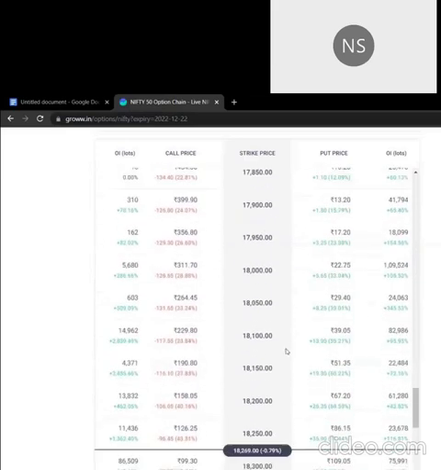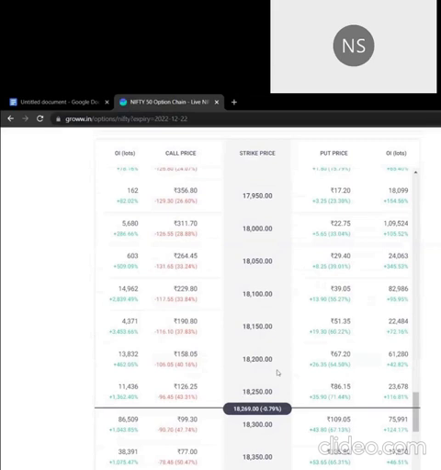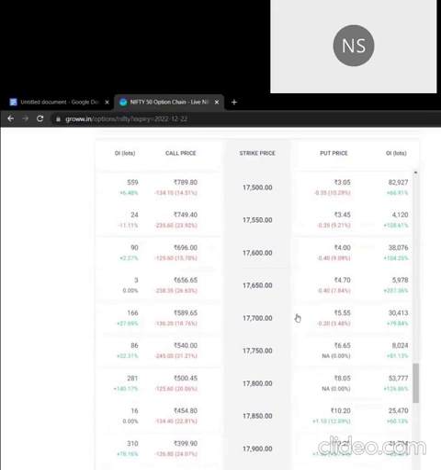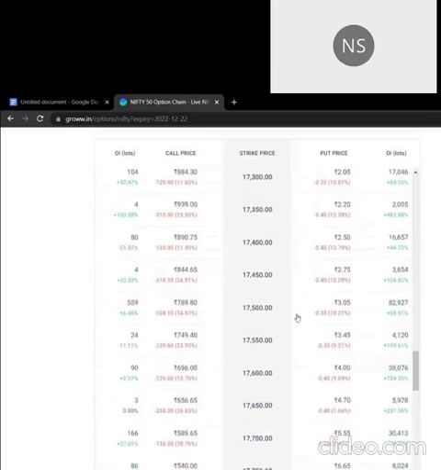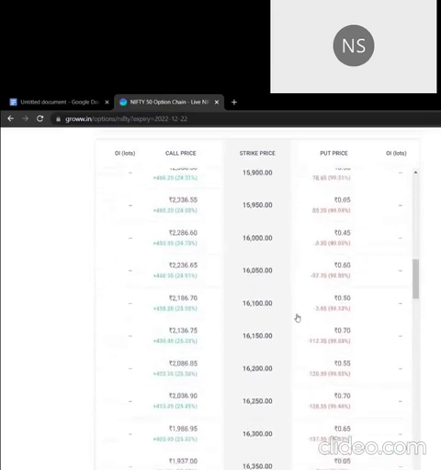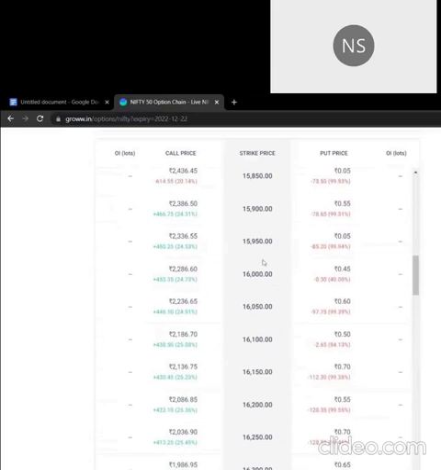So let's say the market is currently at 18,269 rupees on Sunday, and we don't expect the market to go down to, let's say, about 16,000 rupees unless something really bad happens. So the market won't be going down till here. No one expects it. So that's why the price of this option is as low as 0.45 rupees.